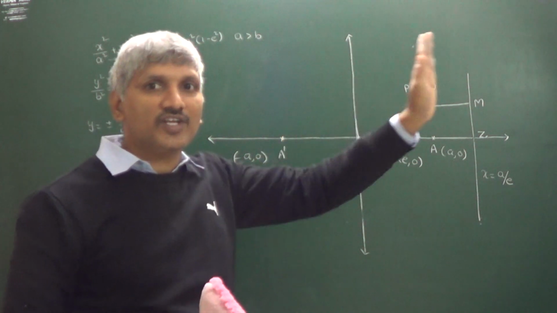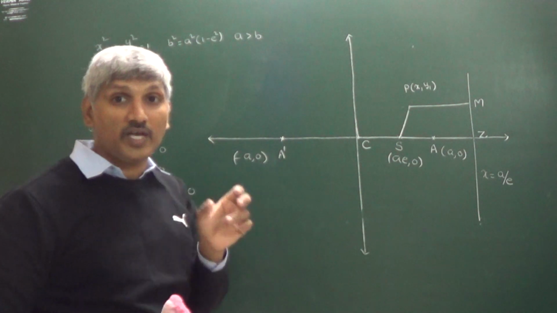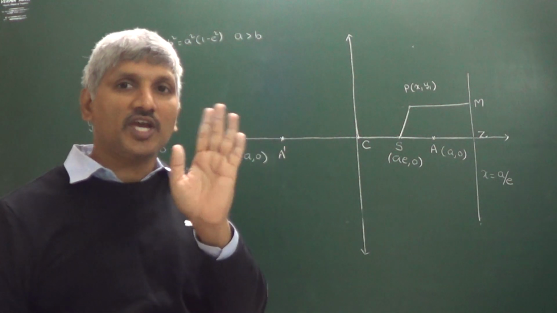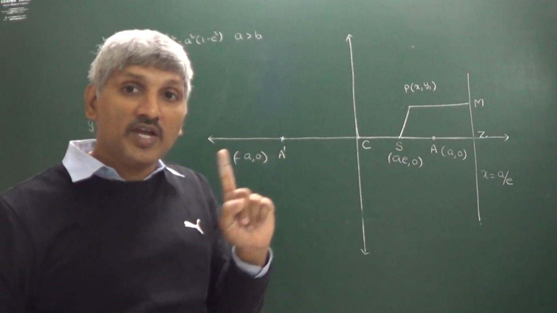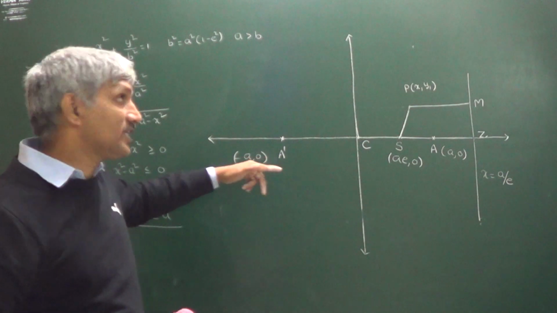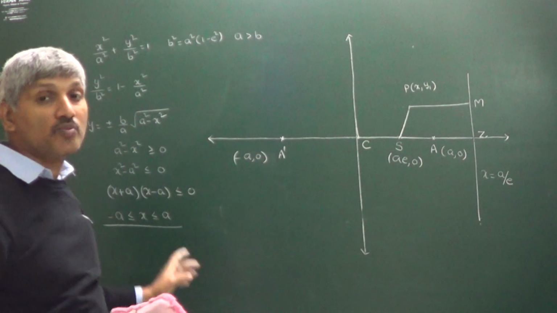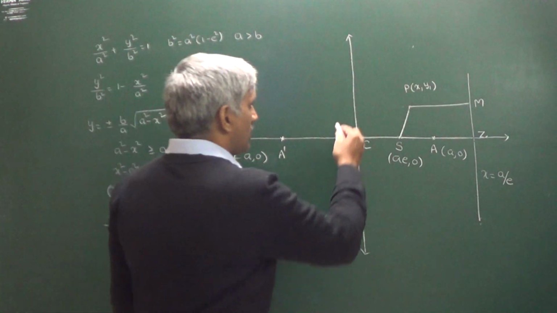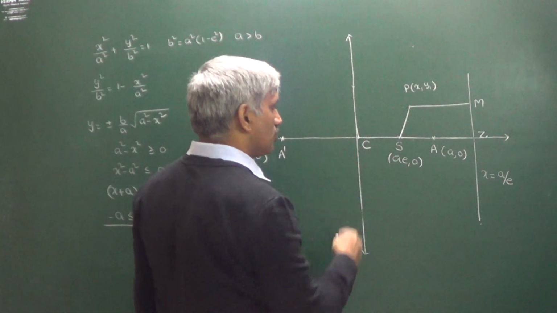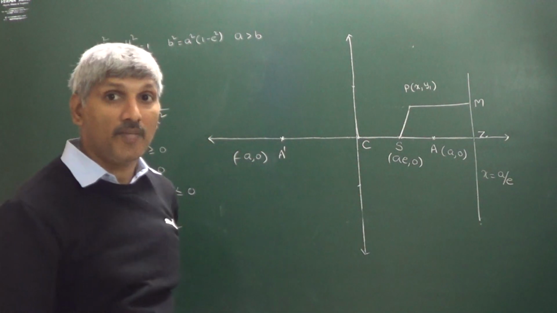That means after a there is no ellipse, after minus a also no ellipse. Ellipse lies between minus a and plus a, and at the same time it is symmetric about x-axis. At the same time, when x is equal to 0, we are getting y is equal to plus or minus b. Now somewhere here we can take the point as 0 comma b, and somewhere here we can take the point as 0 comma minus b.